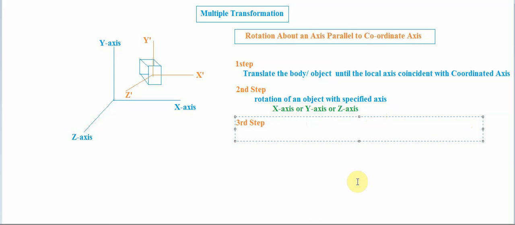After rotation has been completed, then what we'll do? We'll translate the body back to its original position. What will we perform? Translate the object back to its original position.